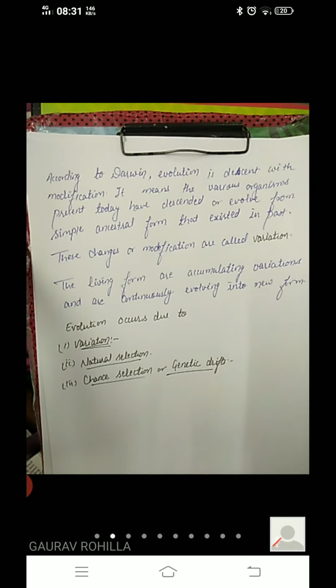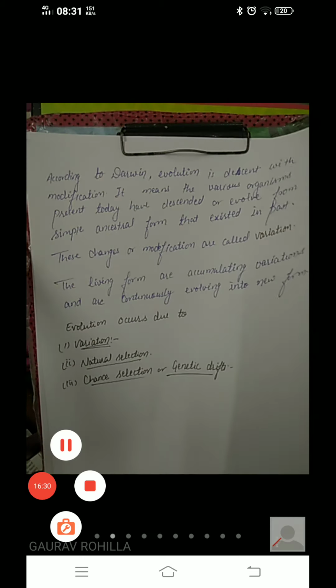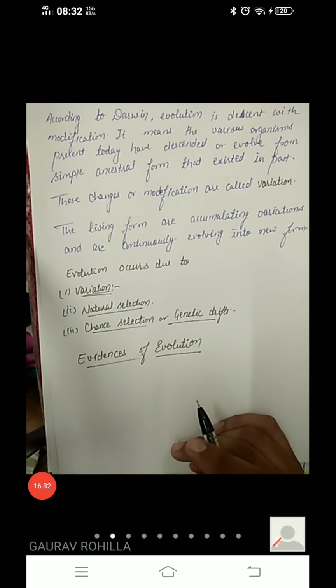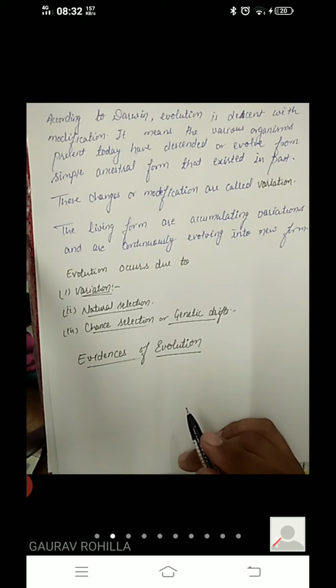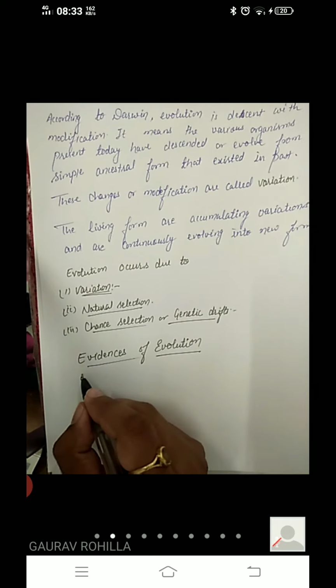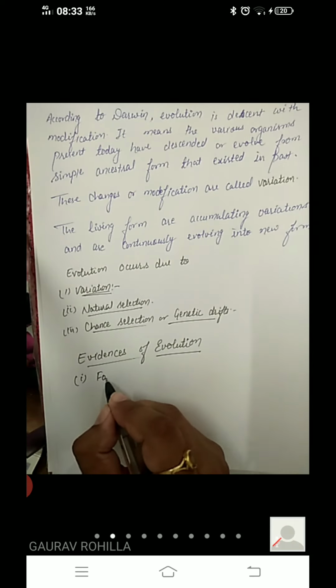What are the evidences of evolution? Now we will go through the evidences of evolution here. There are many evidences regarding evolution or evolutionary history. First is fossils. What are fossils? How can we define fossils?